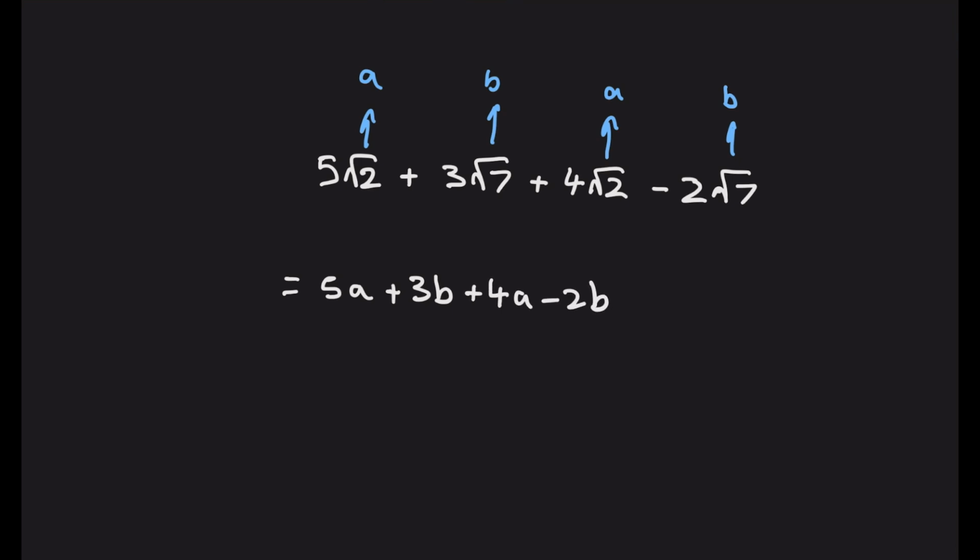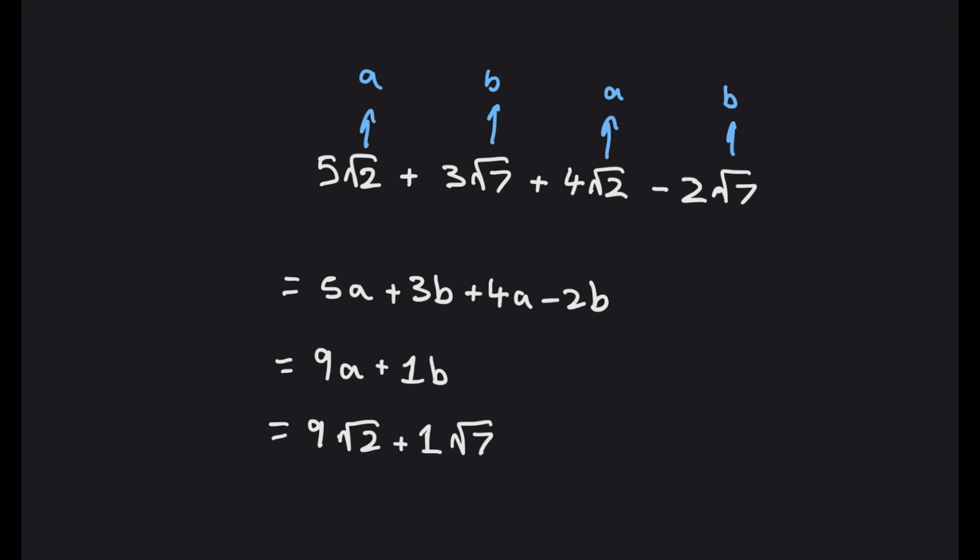And now, hopefully it's more clear, the ones that have the same letter can just add together. 9a, 3b minus 2b just becomes 1b. And now we just transform them back. So a is root 2, b is root 7. And that's just a fun little strategy that I like to use.